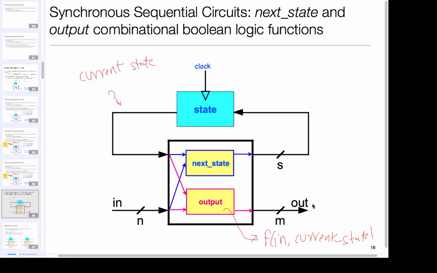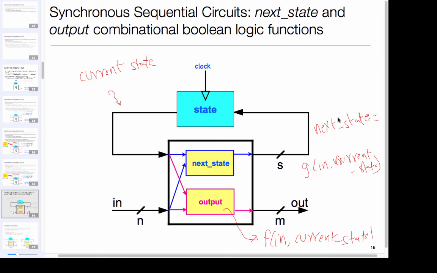Next state is another piece of combinational logic, doing the same thing, except that its output we feed back. It's computing a different function, g of in comma current state, and let's call this thing next state. So again, combinational logic with two independent parts: one computes the output, which I'm sending to the outside world, and the other computes what the next state is.